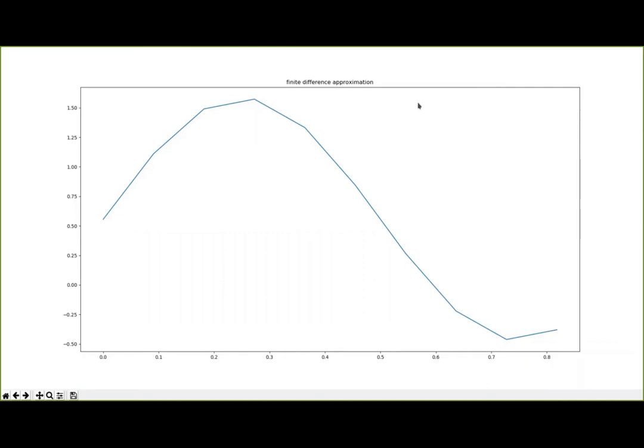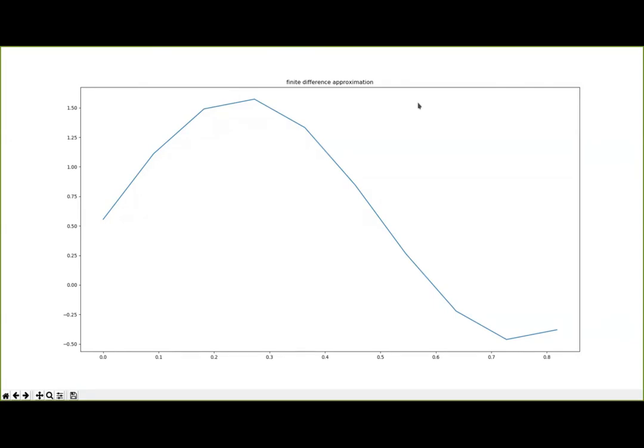The solution to that differential equation with Dirichlet boundary conditions is simply the function sine of 2 pi x. And we see a rough approximation here already on the screen. Here I've got n equals 10 interior nodes. But we can also tell that the approximation is far from perfect.